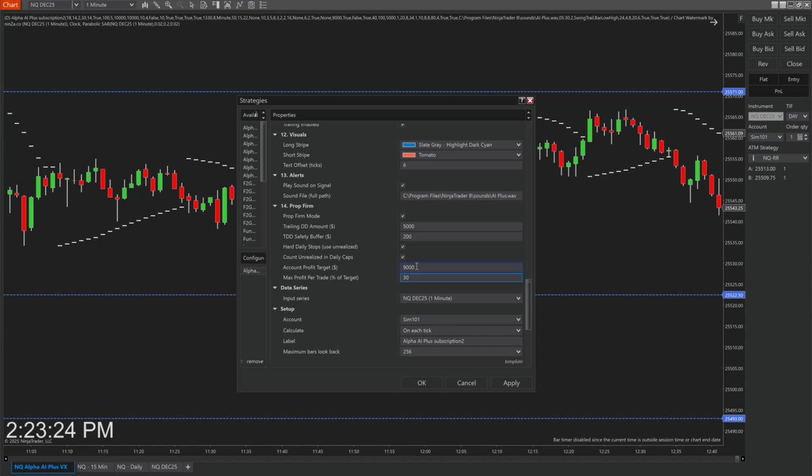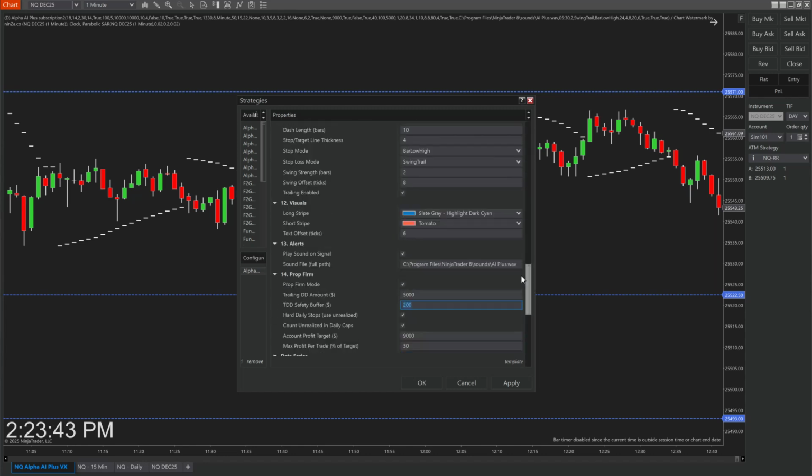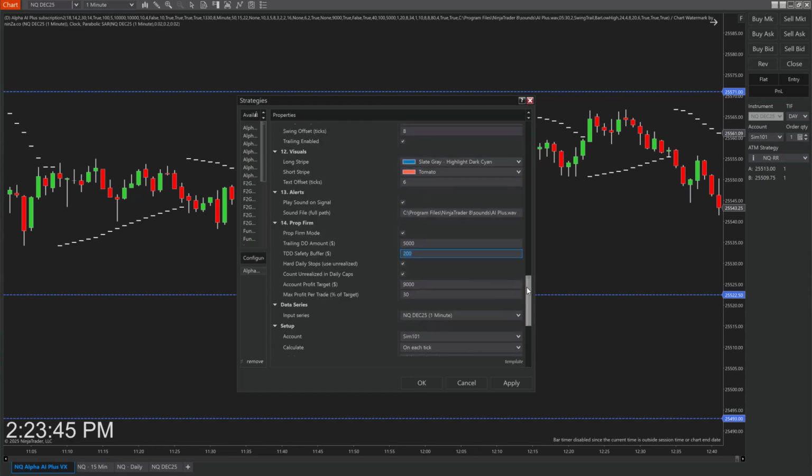And if you are in a trade and you are about to reach the 30% of your profit target, within $200, it will actually stop the trade automatically, hard stop it, and it will look for another trade if you didn't reach your daily target, or if you reach your daily target, it will stop trading. Same with the trailing drawdown.